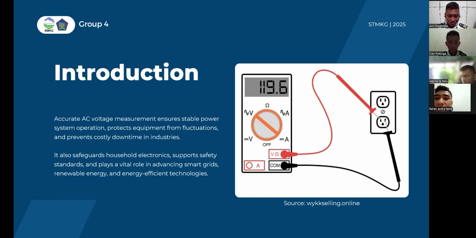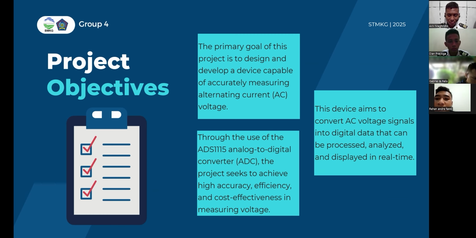and energy-efficient technologies. Next, for the objective of our project, there are three main objectives. One, the primary goal of this project is to design and develop a device capable of accurately measuring alternating current AC voltage.